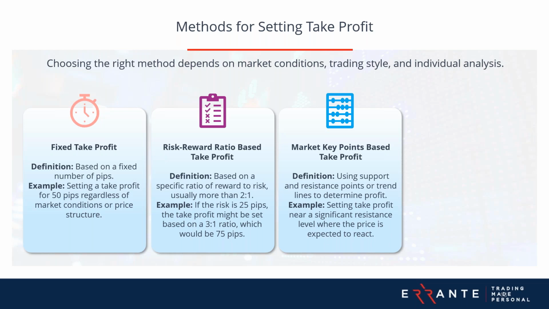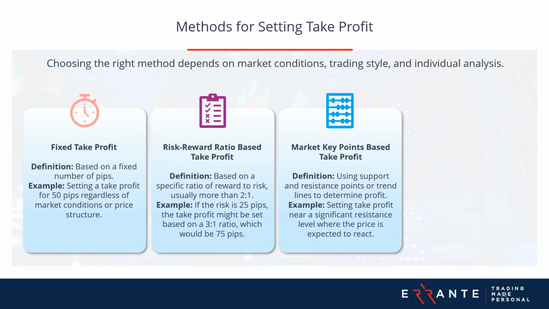This method takes advantage of known market psychology and price points, aiming to capture profit before the market potentially reverses, because it doesn't matter what we want, the matter is what the market does.